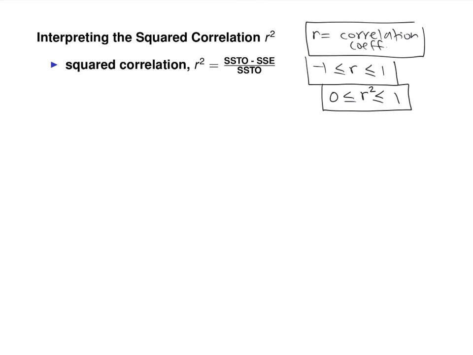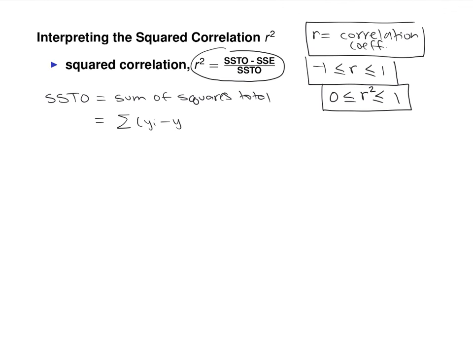Now, here is where this r squared number comes from, and we'll explain what those things mean. So first of all, SSTO, as your book defines it, is the sum of squares total. This is the sum of y sub i minus y bar, squared. This is often called the total variation in y.